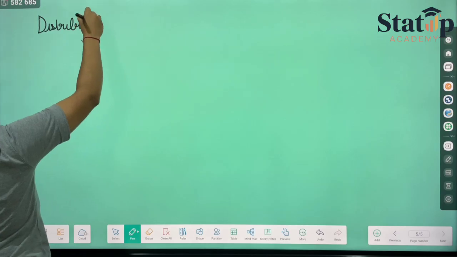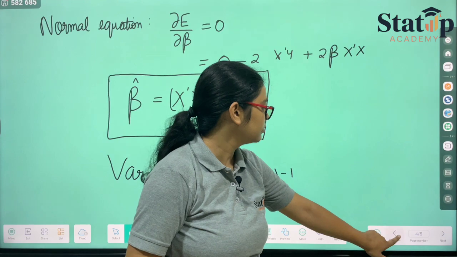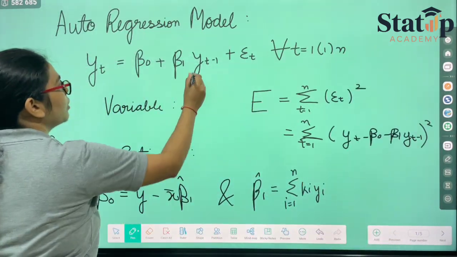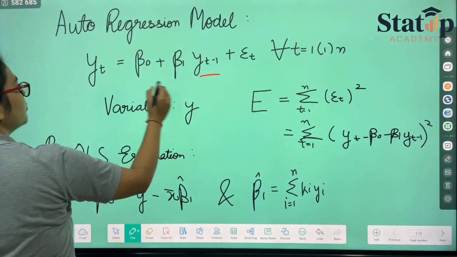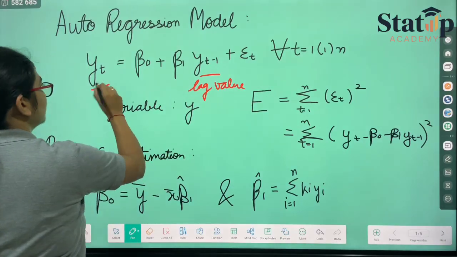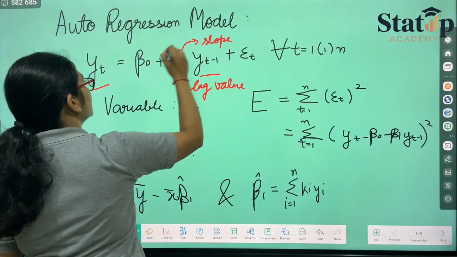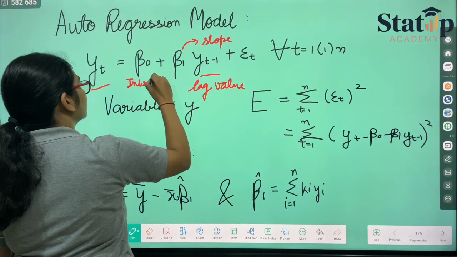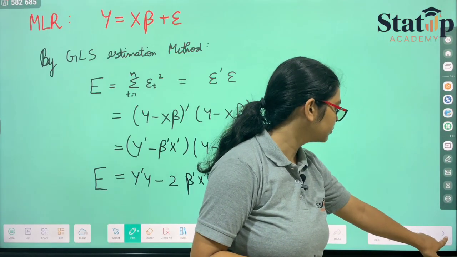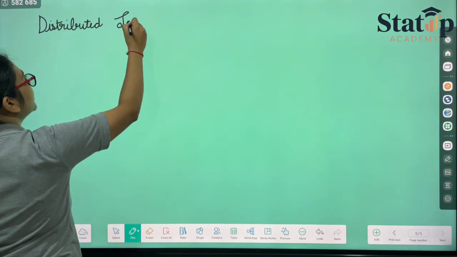Now the autoregression model was also a lag model because there were two values of y given: yt minus 1, which is the lag value of yt, and this is the slope, this is the intercept. So now we will discuss the distributed lag model.